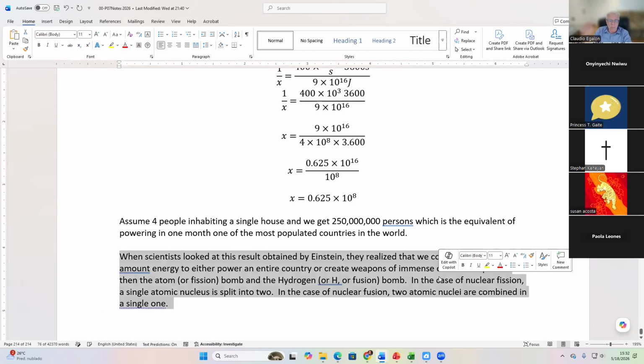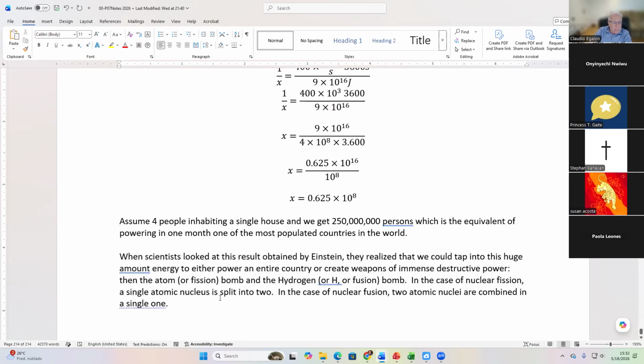In the case of nuclear fission, a single atomic nucleus is split into two. In the case of nuclear fusion, two atomic nuclei are combined into a single one. They fuse with each other, right?